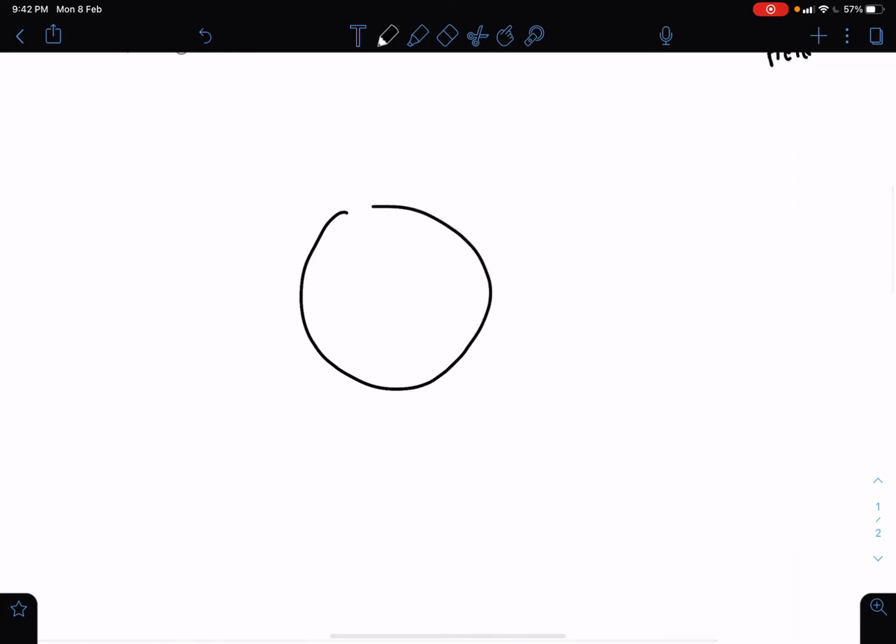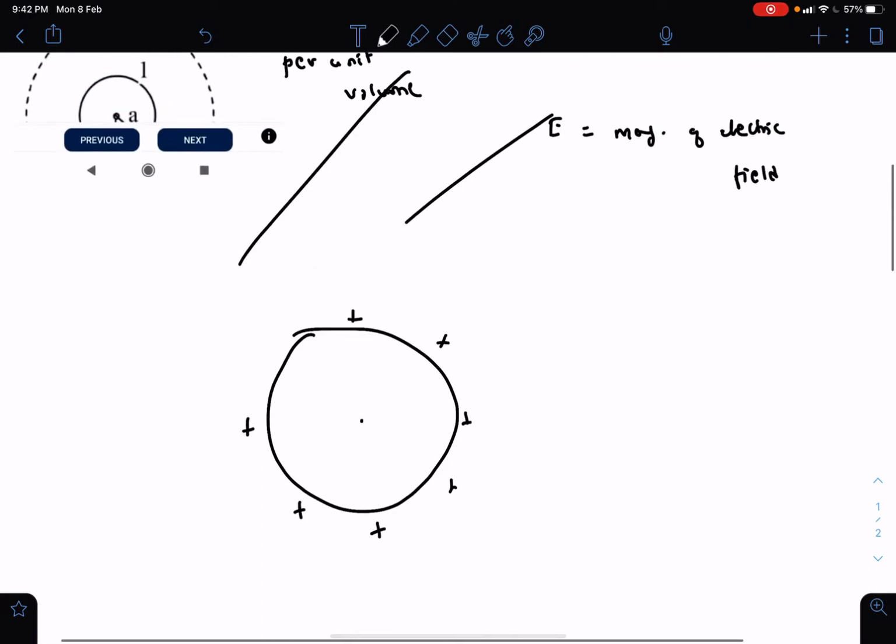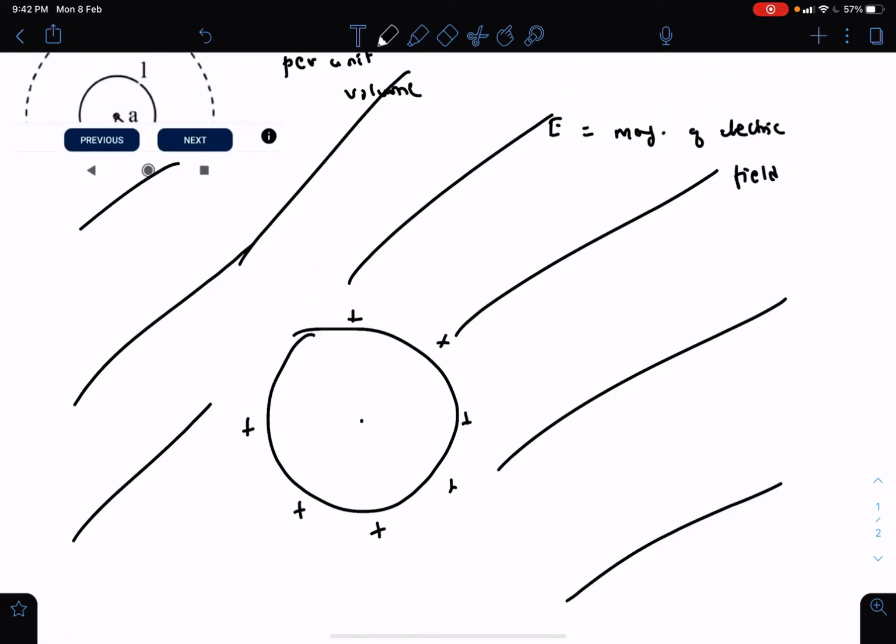So let's draw this charge once again. What we are going to do is, this entire volume extending from the radius A all the way up to infinity can be divided into small elements.